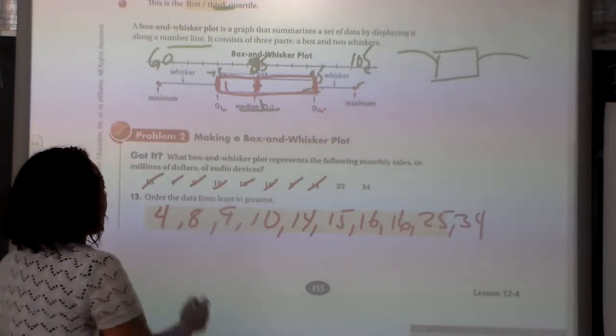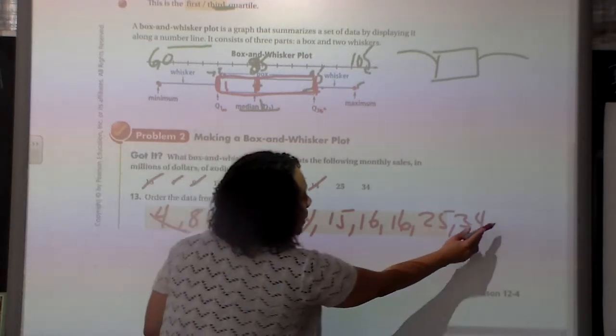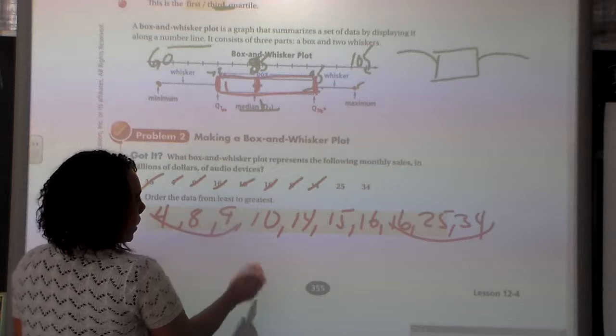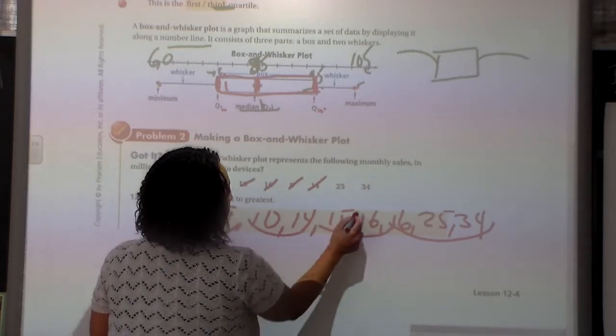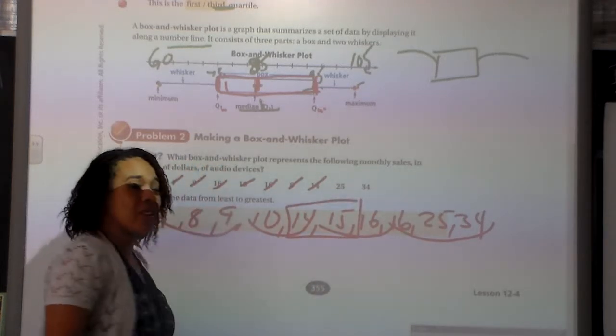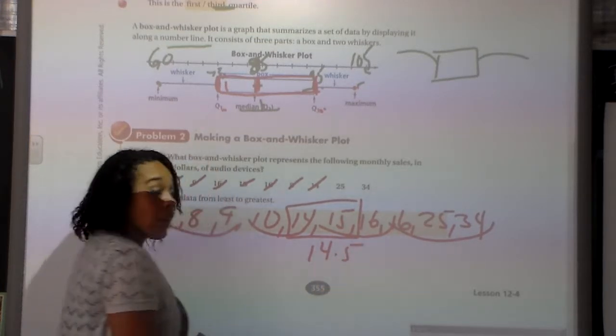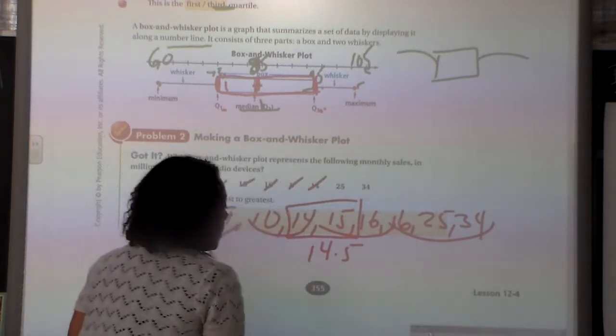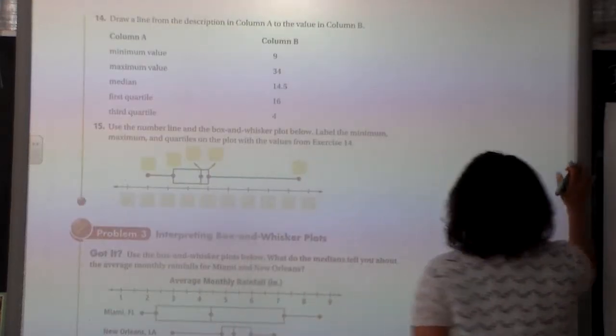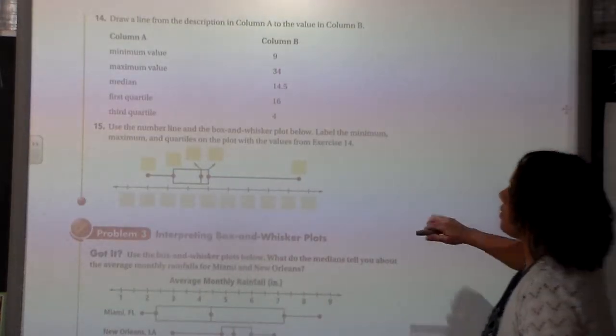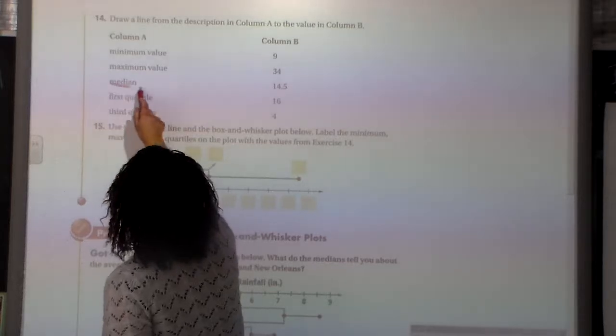I want to go ahead and find the middle. I'm going to go 3 in, 3 in, looks like I can go 2 in, 2 in, and I'm stuck between 14 and 15. The middle of 14 and 15 is 14.5. Let me go forward to the next page. So we're here, and that means 14.5 was my median.